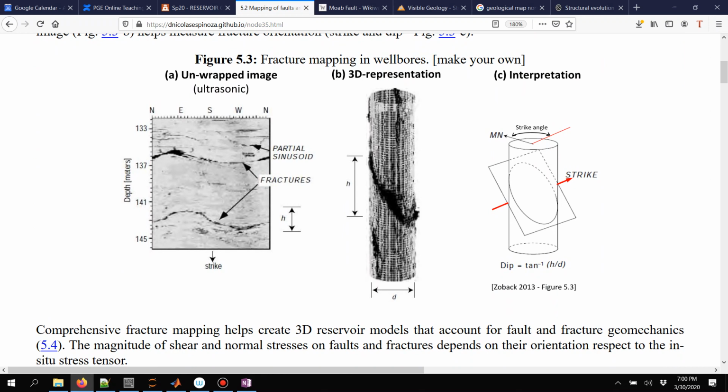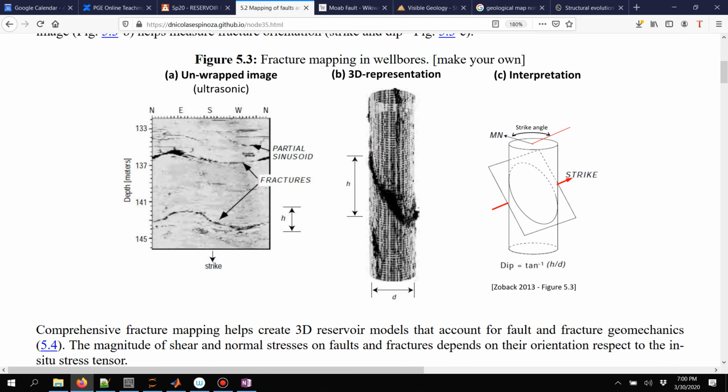That would be the amplitude of the sinusoid, h, and here will be the vertical distance, from here to there. The position of the peak and the trough of the sinusoid also tell us the highest position and the lowest position.